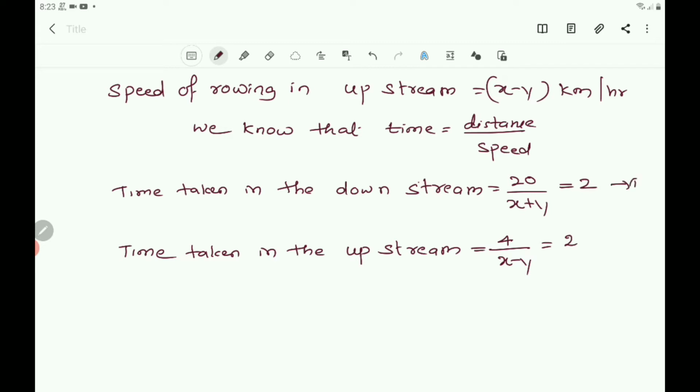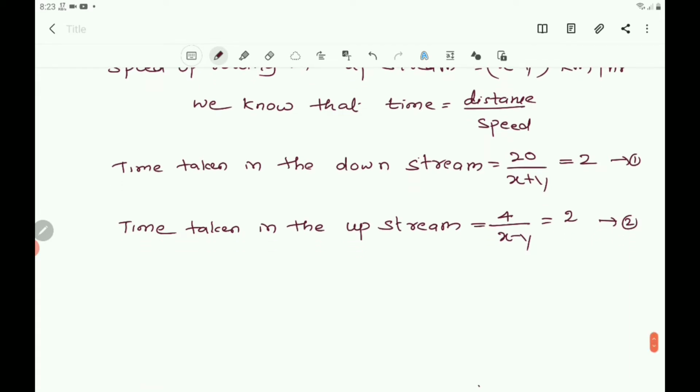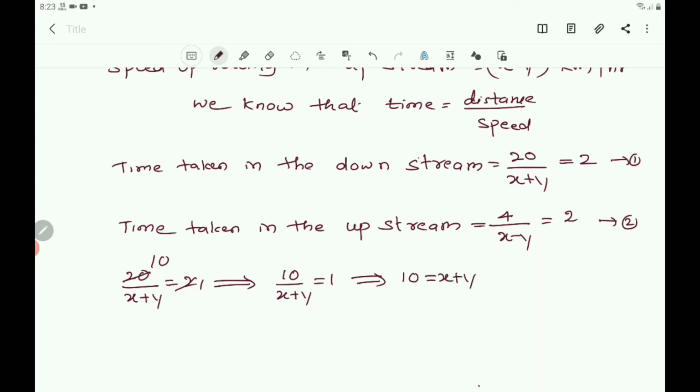Consider this as the first relation and this as the second relation. The first one is 20 by x plus y equals 2. Cancelling, 2 ones are 2, 2 tens are 20, it becomes 10 by x plus y equals 1. By cross multiplication, 10 equals x plus y.